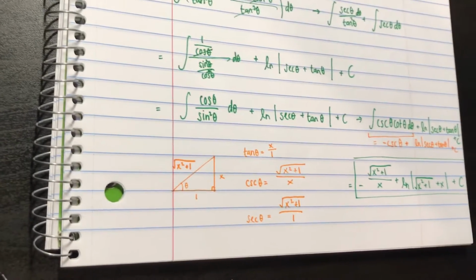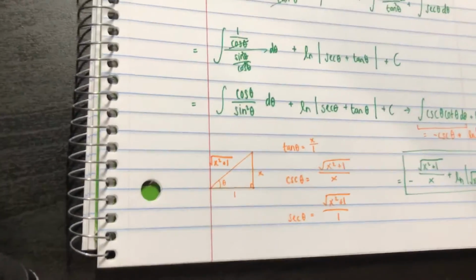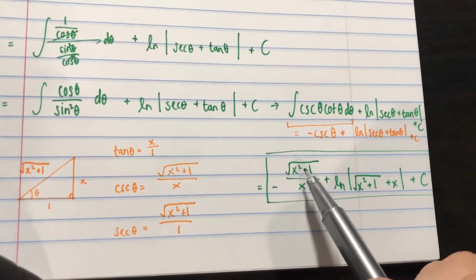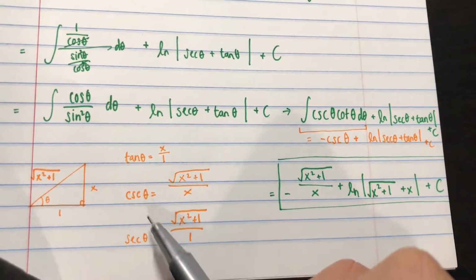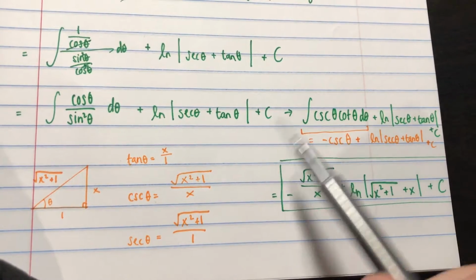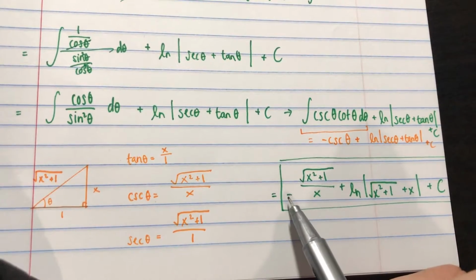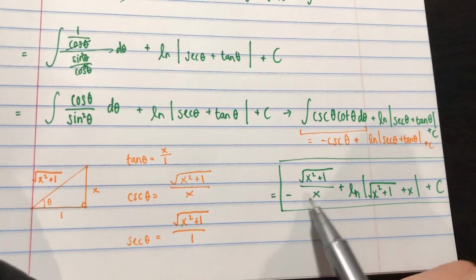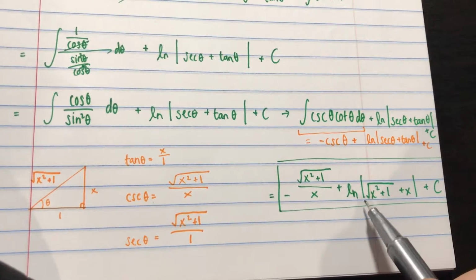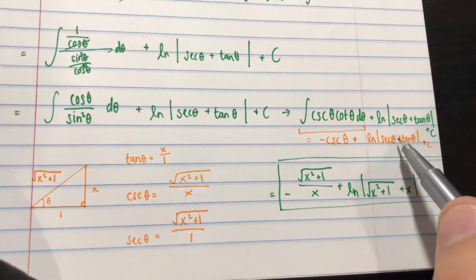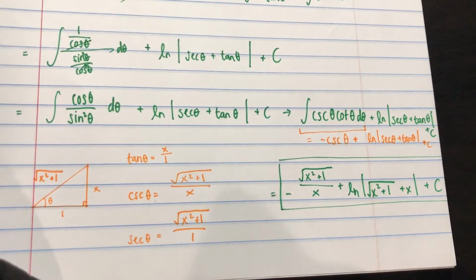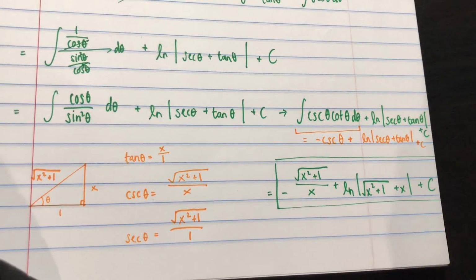Once we plug in our tangent theta, cosecant theta, and secant theta wherever we see them in the solution, we're left with negative the square root of x squared plus 1 over x, plus the ln of the absolute value of the square root of x squared plus 1, which we took from the secant theta, plus our tangent theta, which is just equal to x. And then, of course, we can't forget our constant plus c.